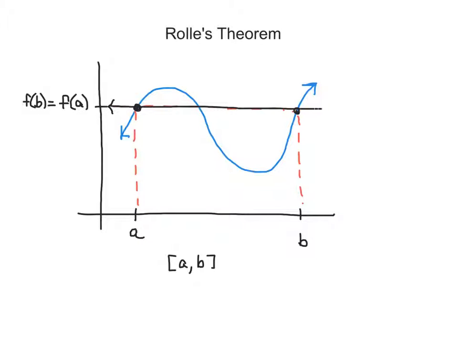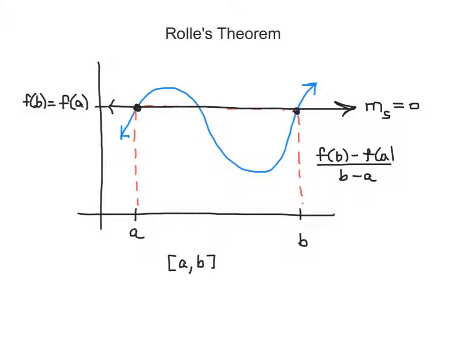This is our secant, right? And the slope of the secant is 0, right? And the slope of the secant is 0, that is the mean value, right? The mean value is f of b minus f of a over b minus a, and b minus a is going to have some value because we can see that there's a distance between a and b.